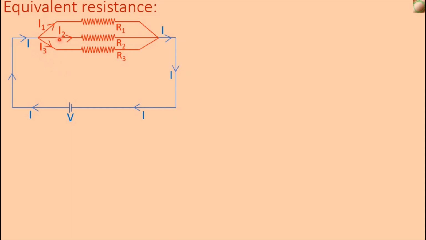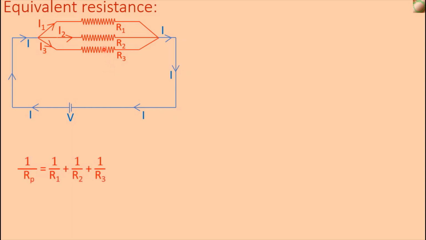Here different currents are flowing through these 3 resistances. I1 is flowing through R1, I2 is flowing through R2 and I3 is flowing through R3. As different current is flowing through these 3 resistances, therefore we can say these 3 resistances are connected in parallel.